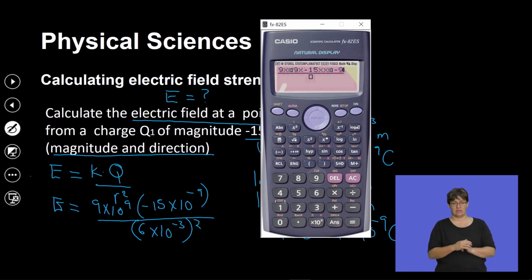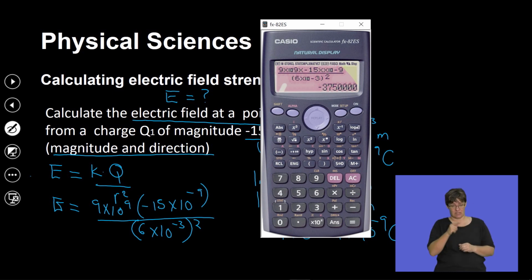Even if you don't put the negative, that negative is an indication of the direction of the field, whether the field is towards the charge that creates the field or away, as we shall establish. And then the distance is converted to 6 times 10 exponent negative 3, but remember, we have to square the distance. Once we've done that, you get the magnitude of the force that a unit positive charge will experience.